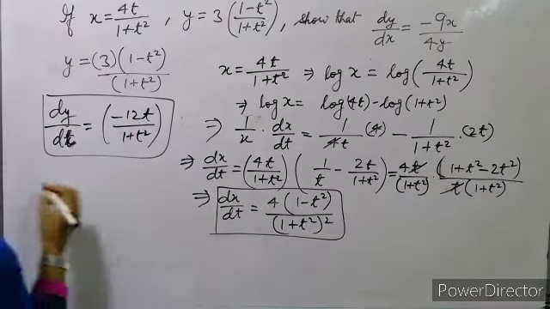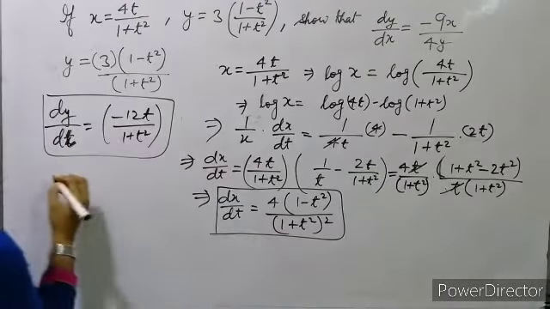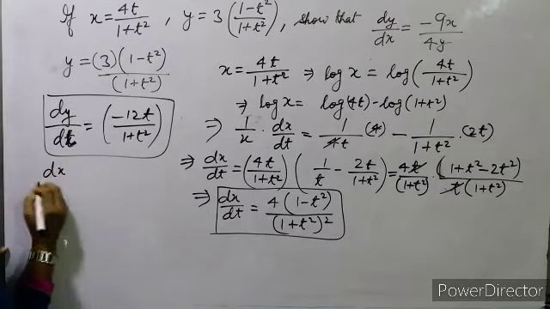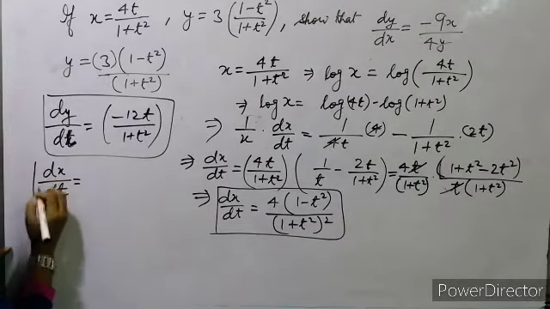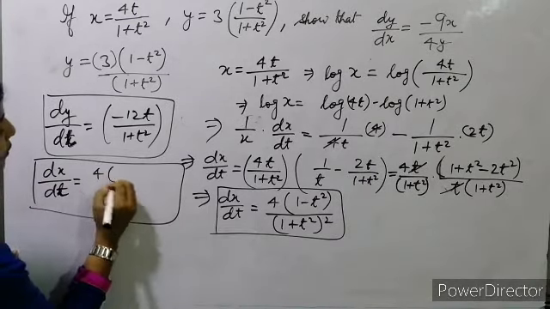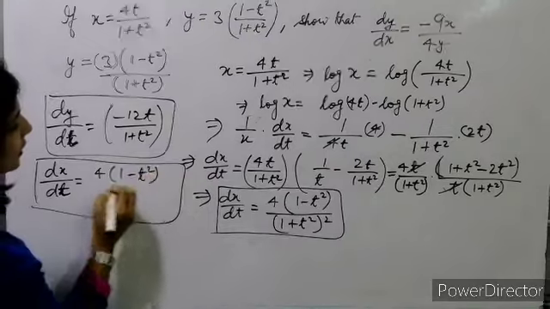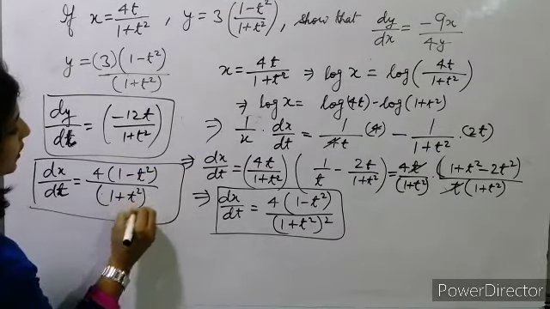So we'll write here dy upon dt and dx upon dt. What we are getting: dx upon dt is 4 into 1 minus t square divided by 1 plus t square whole square.